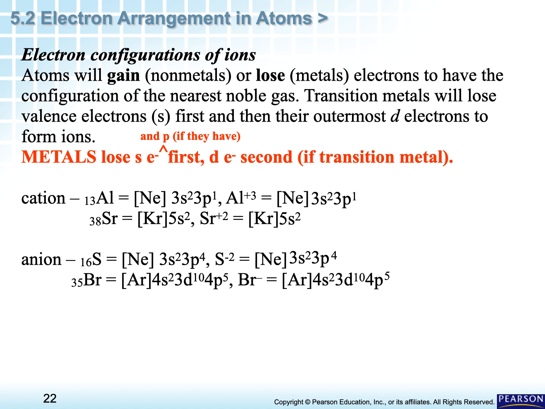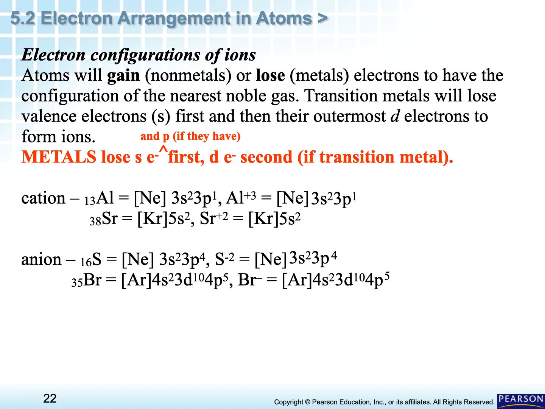So I have 2 examples here. I have aluminum and strontium. They're both metals. Aluminum is neon 3s2 3p1. It is number 13. Aluminum forms a +3 ion. Now, you'll notice both of the electron configurations look the same. But something has to happen. Up above it says metals lose.